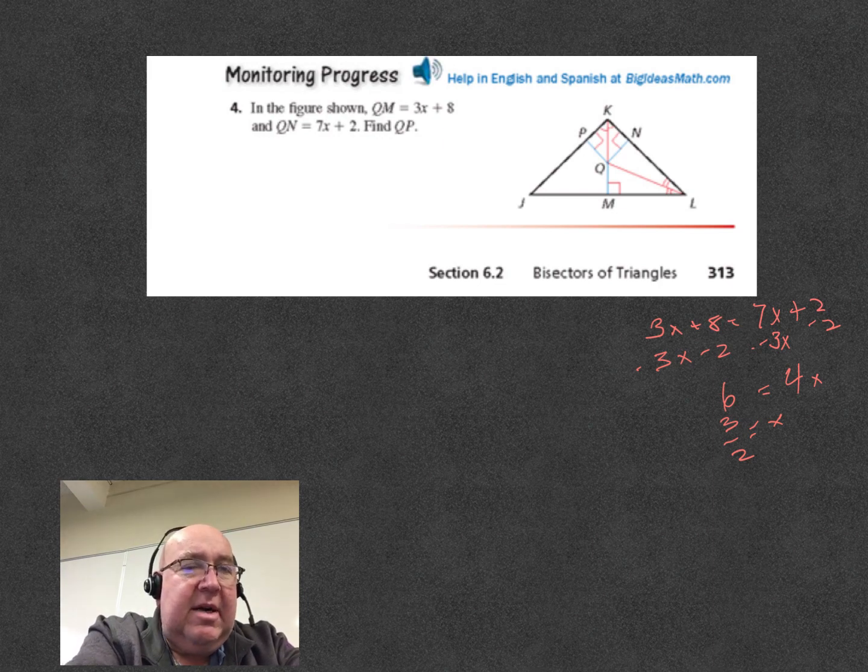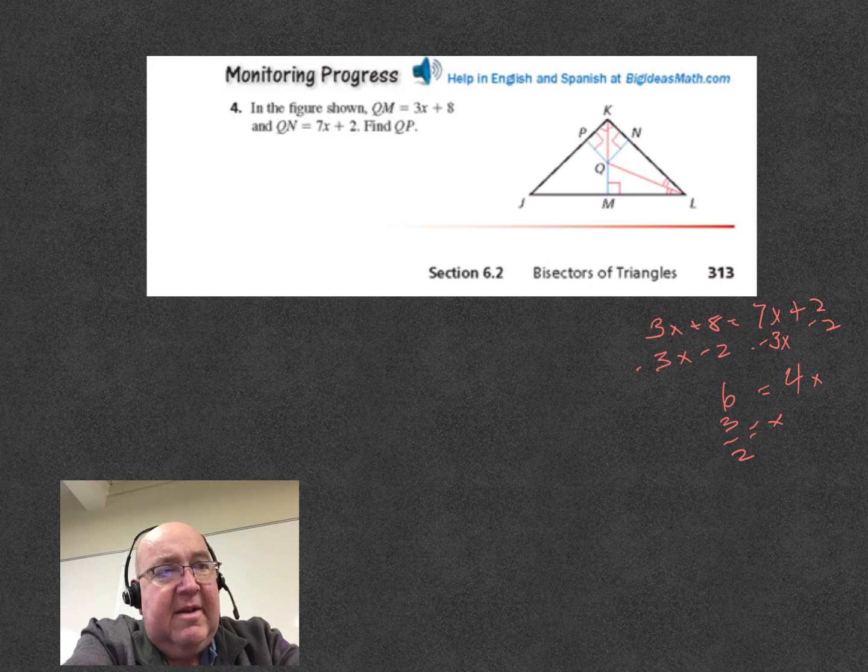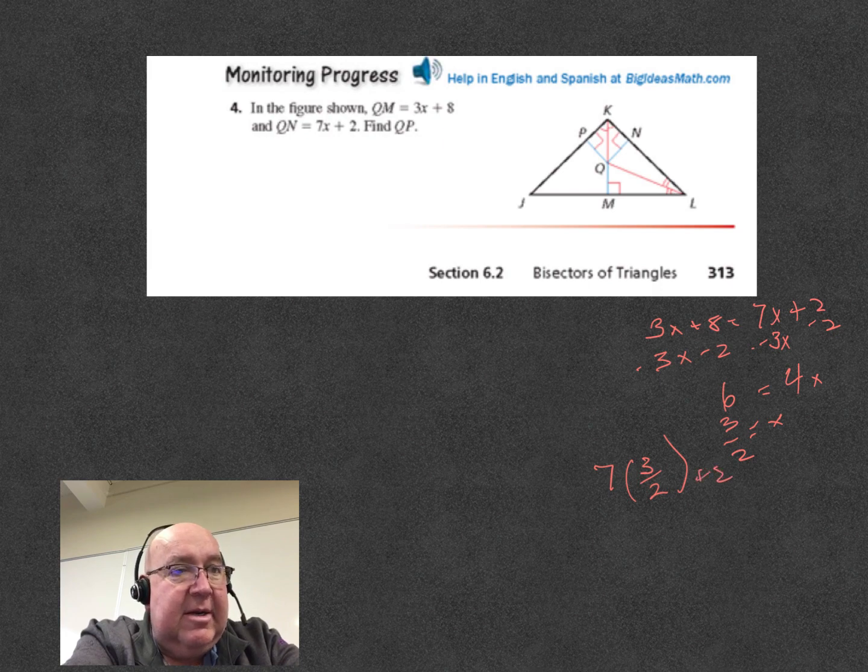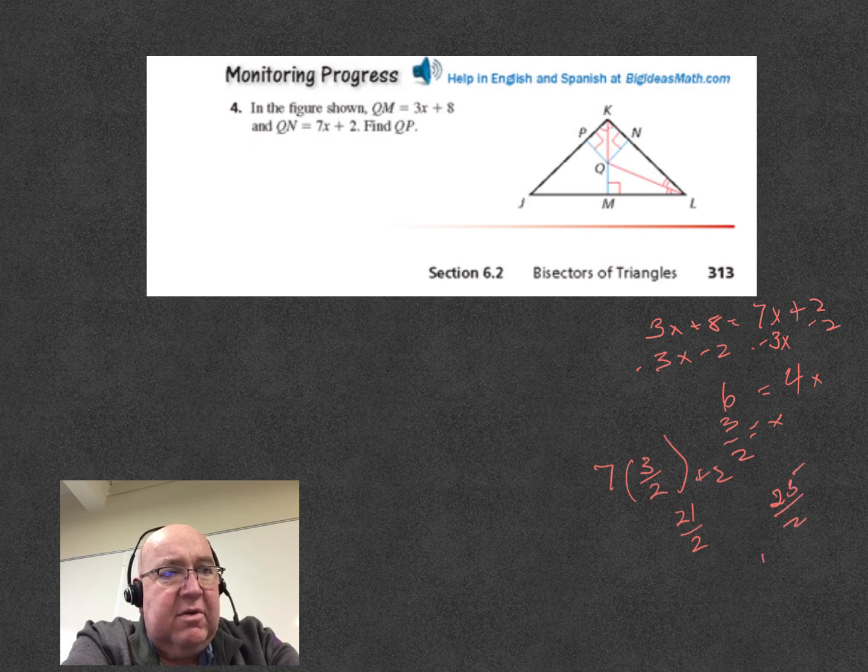So we're going to go into the original equation, and we're going to go 7 times 3 over 2 plus 2 is equal to 21 over 2 plus 2, which is 4 over 2. We're going to have 25 over 2, or 12.5 will be our QP.